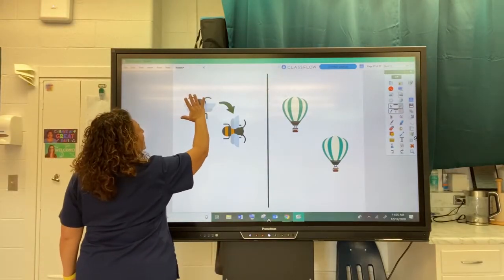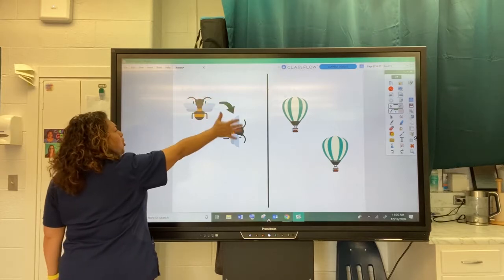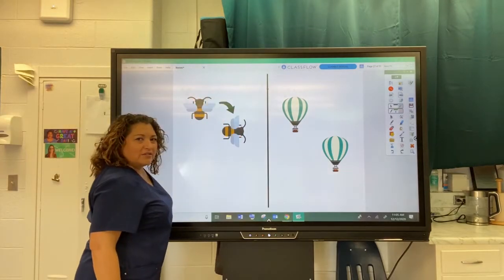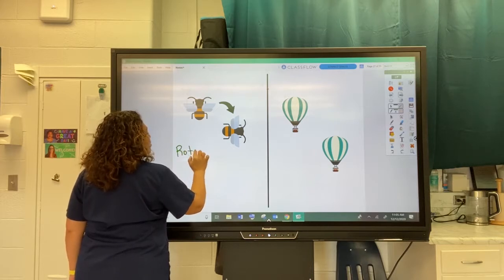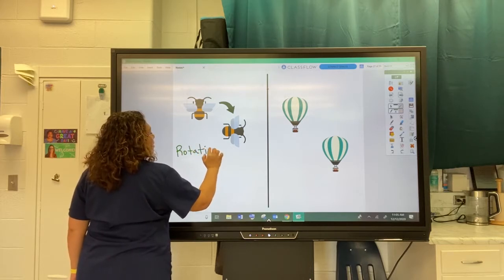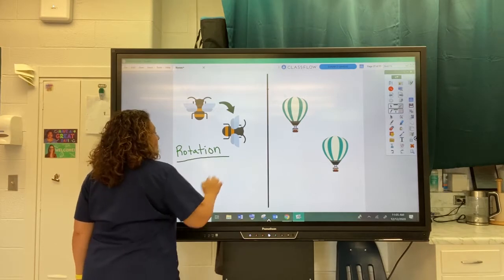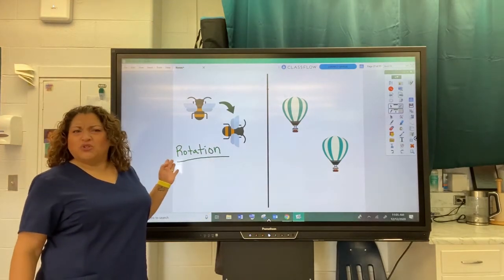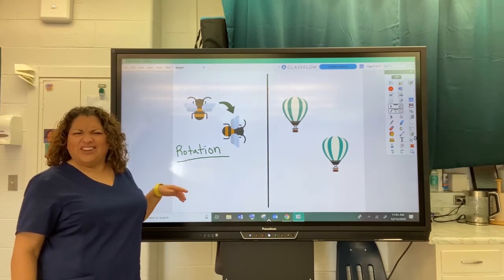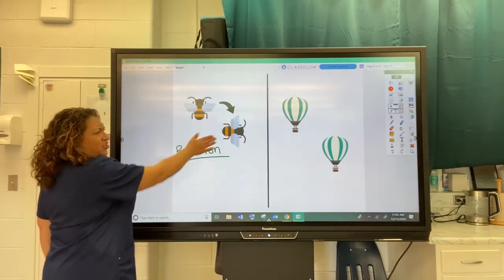And from what I see, it is turning to the right. So that is the sneaky one that we just talked about. Rotation. Okay? You won't see that until you get to geometry, but don't worry about it. It's fun to know. Rotation.